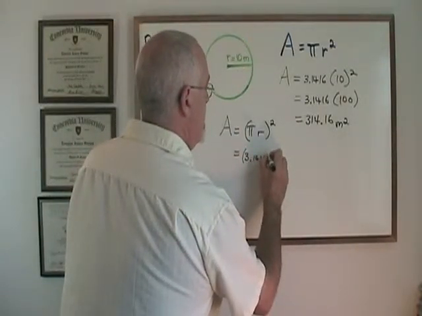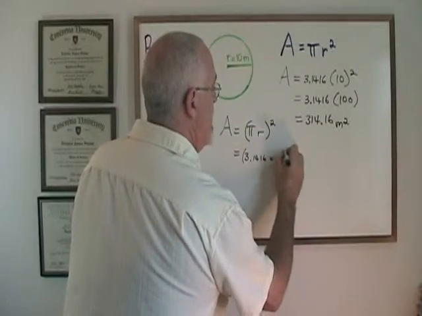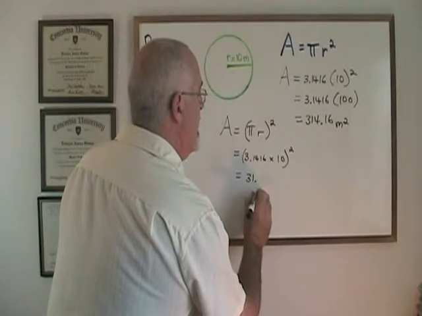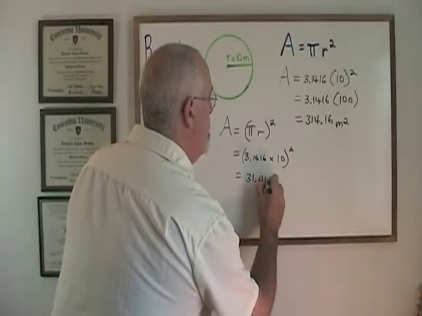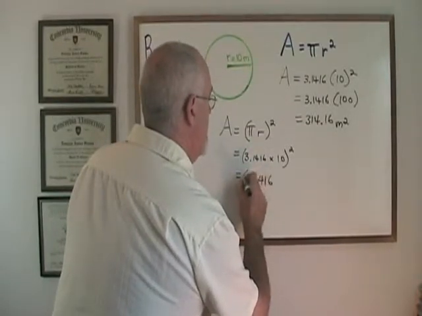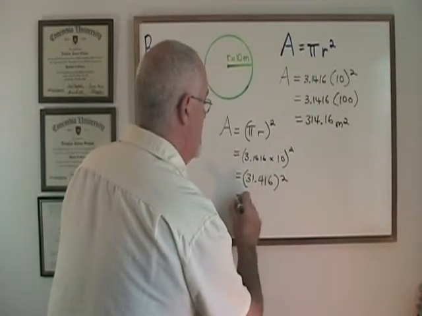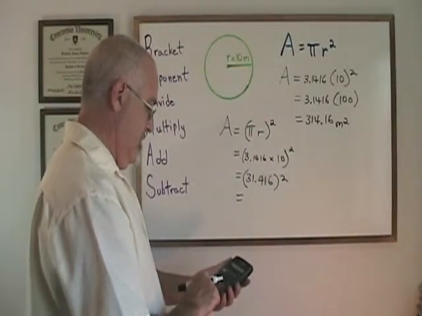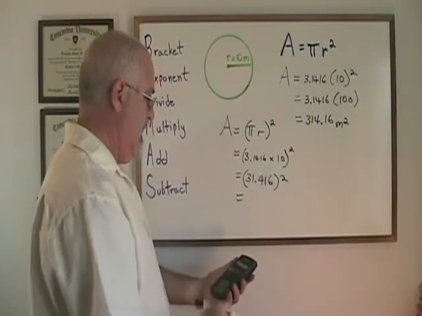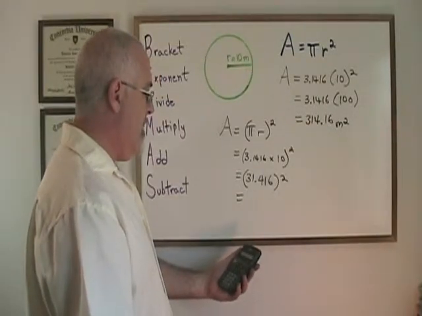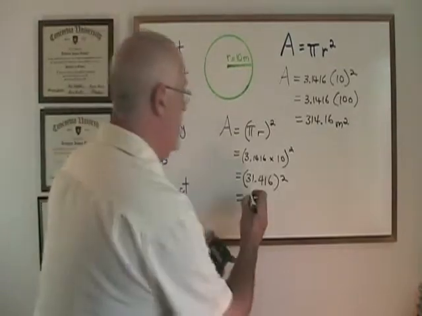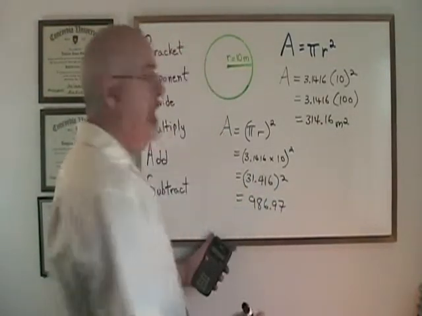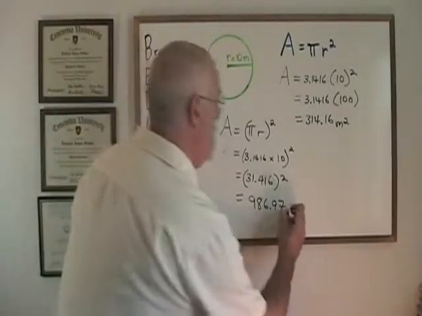3.1416 times 10, and then we would square the answer. We would have 31.416 squared, and that gives us an answer of 986.97, if I were to round to the nearest hundredth.